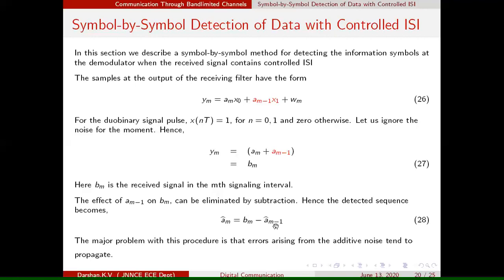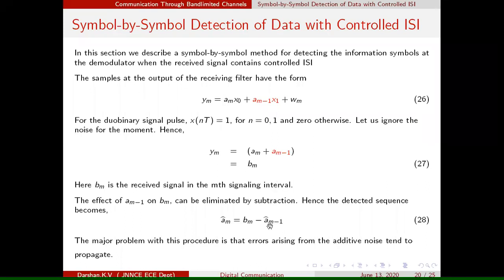Why do we need to subtract? Because at the mth sample, along with the desired sample, you have the effect of the previous sample. What was the effect? Addition. So to remove this addition, we do the subtraction at the receiver. What we need to subtract, you know: the effect of the previous symbol.